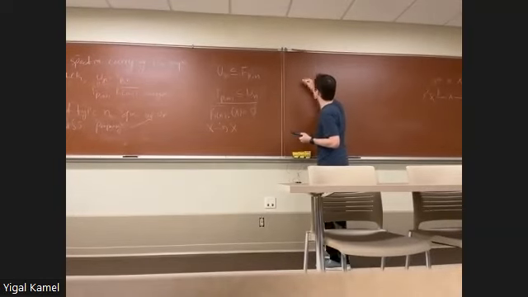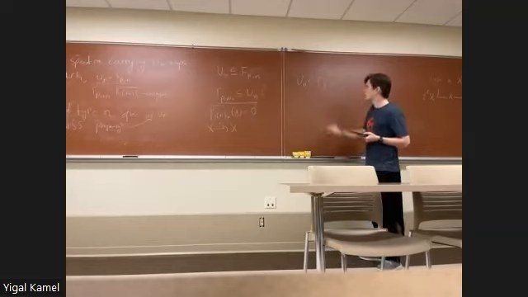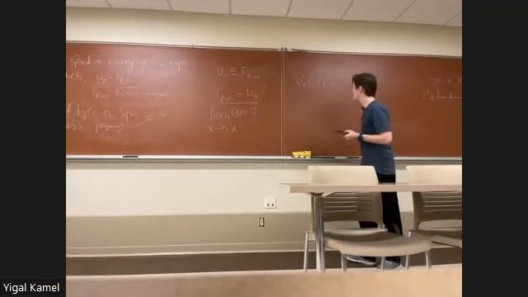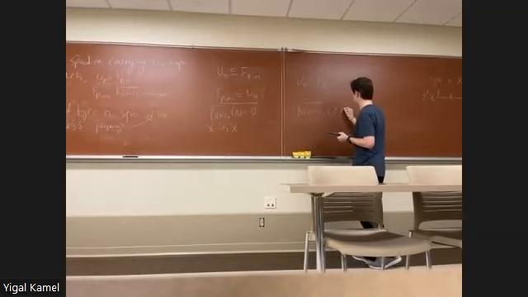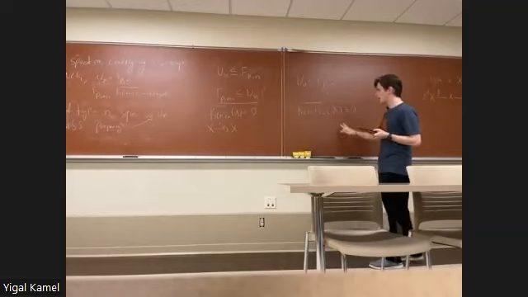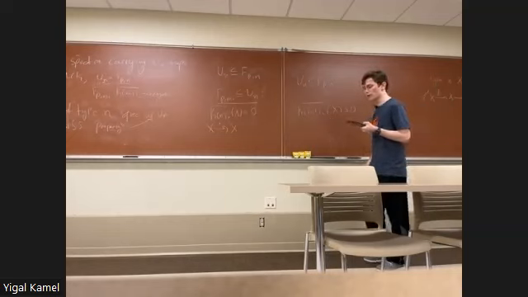To show the other inclusion, we actually show the contrapositive. If it's not in here, then it can't be in there. So in fact, if Kn-1 of something isn't trivial, then its type is immediately less than n.